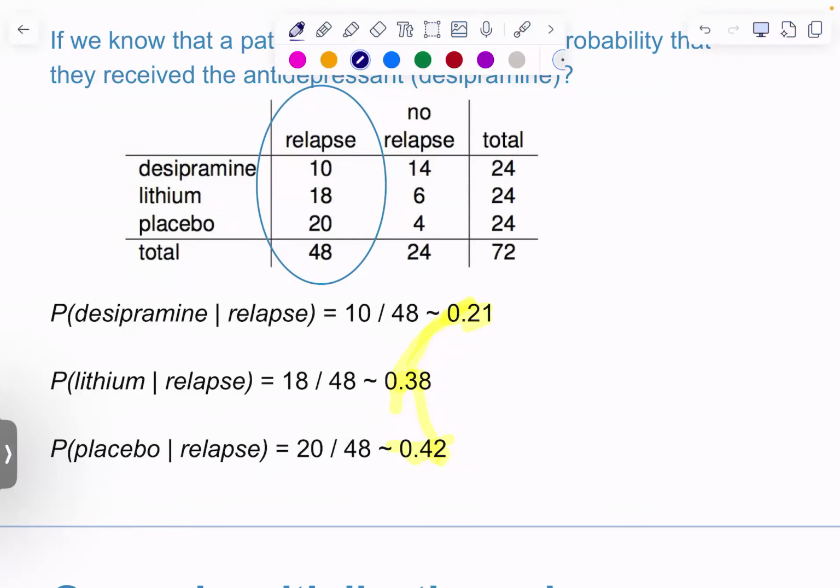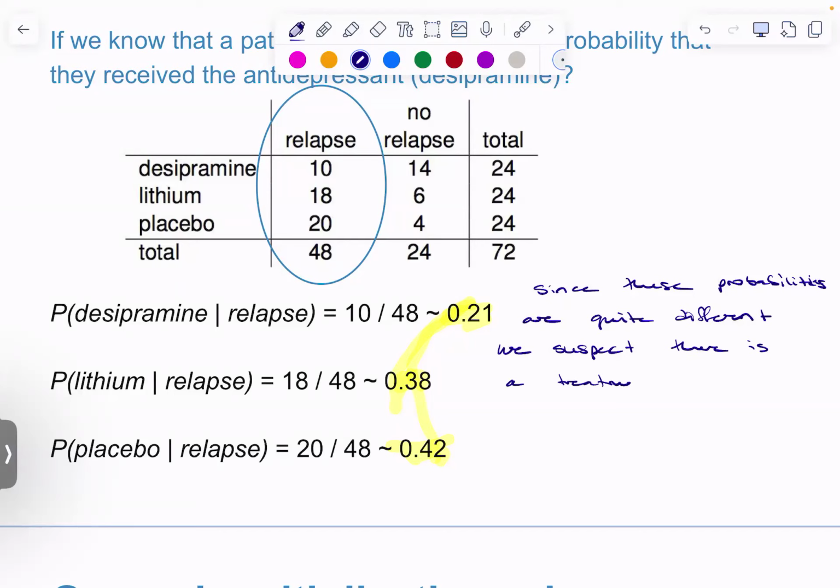And so here, since these probabilities are quite different, we suspect there is a treatment effect.